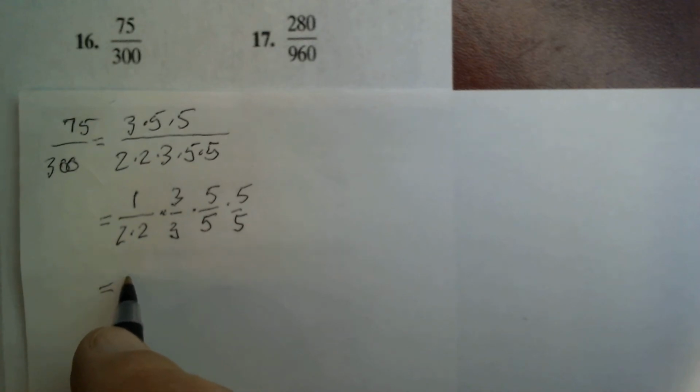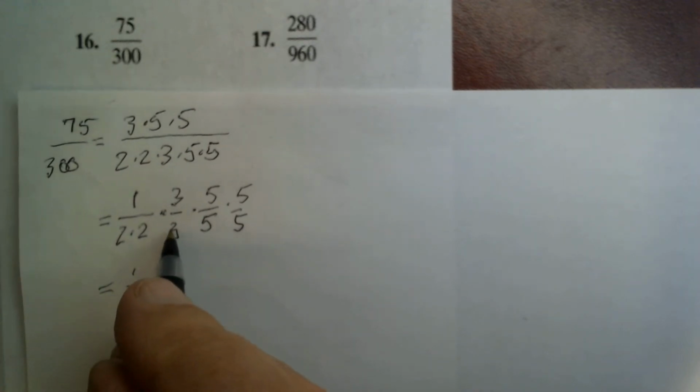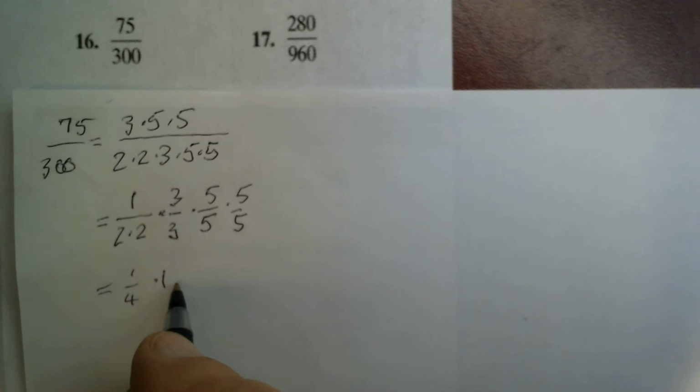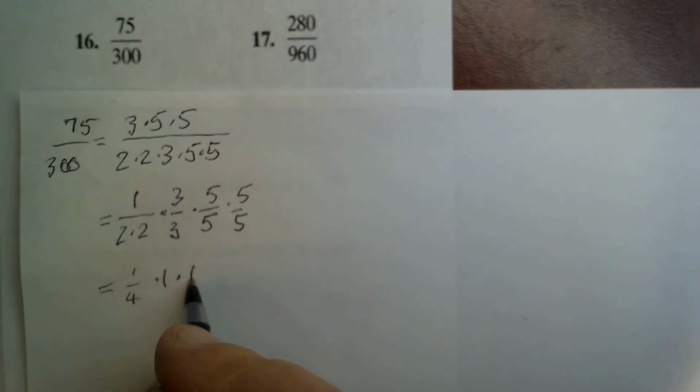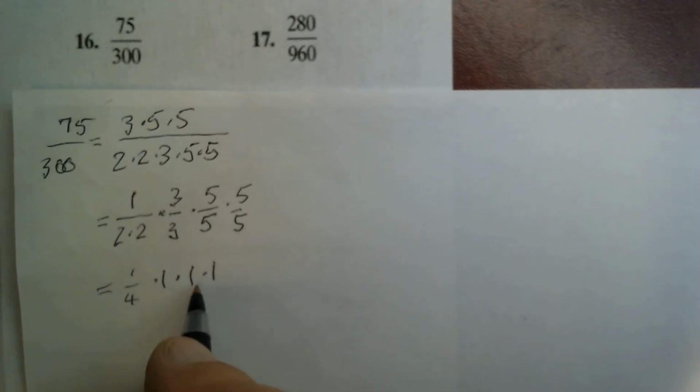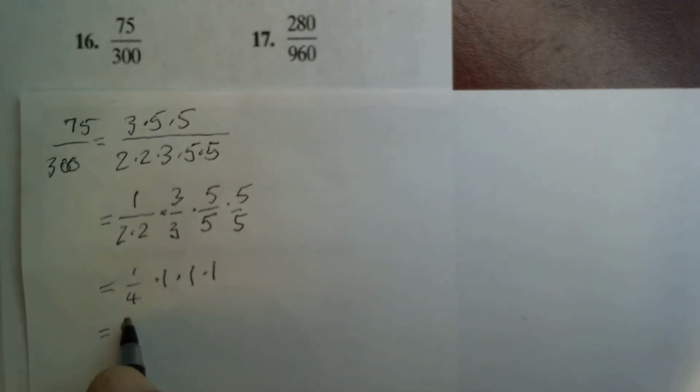Then the next step is to observe that 1 divided by 2 times 2 is 1/4, and 3 divided by 3 is 1, and 5 divided by 5 is 1, and 5 divided by 5 is 1, and 1 times 1 times 1 is 1, and 1/4 times 1 is 1/4. So then the answer is 1/4.